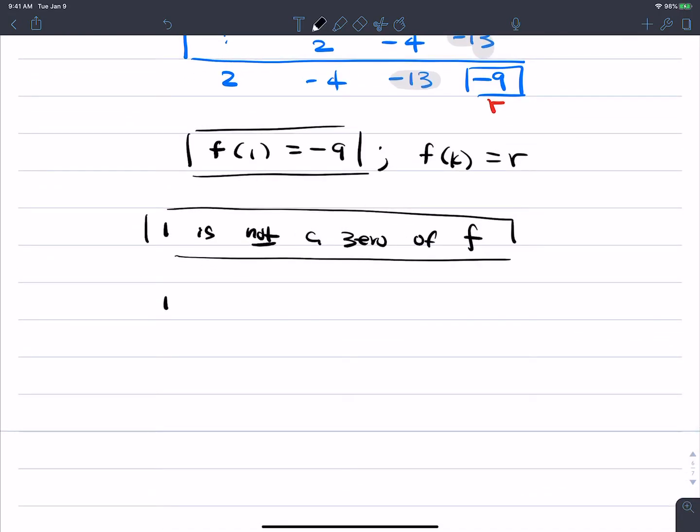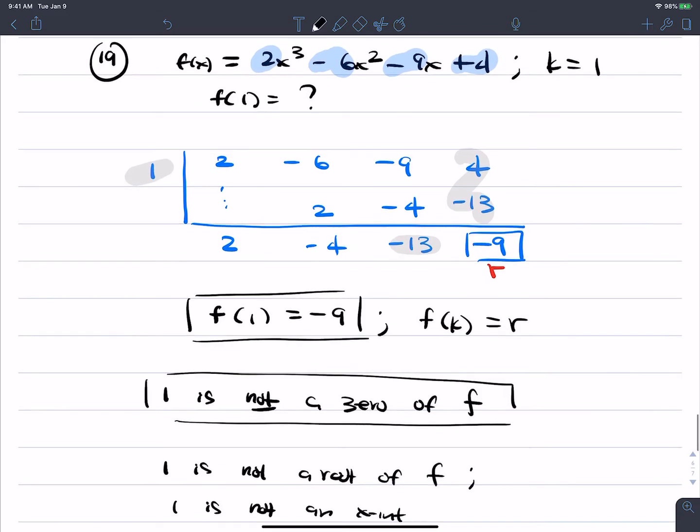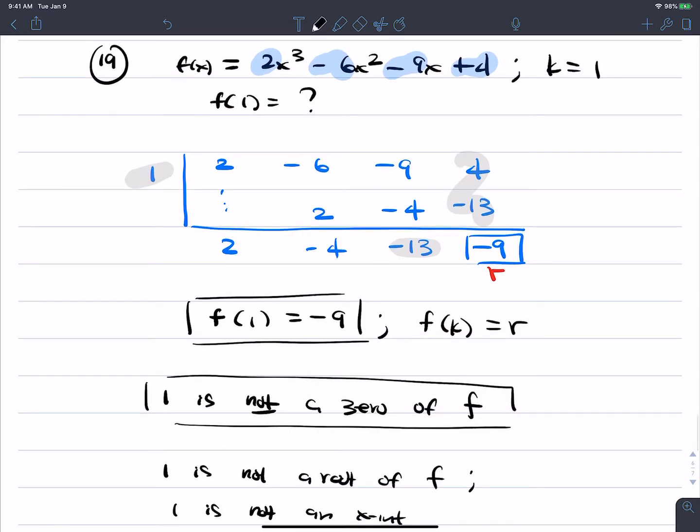Similarly, you can say 1 is not a root of the function f, and it's also not an x-intercept. They didn't ask us those questions, but we did mention this in class. I just want to point that out because we will soon be using this information. This is how we answer 19.